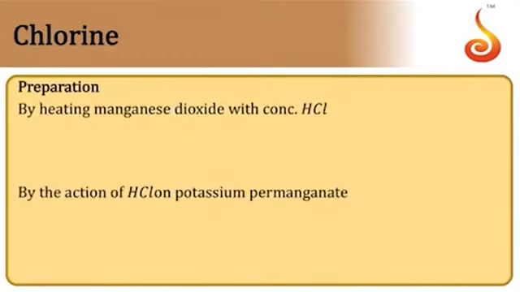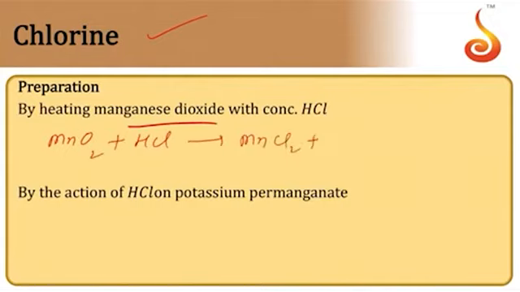Then comes chlorine preparation and properties. First, it is prepared from manganese dioxide. MnO2 with HCl gives rise to MnCl2 plus Cl2 and H2O. So Cl2 can be prepared by the action of HCl on manganese dioxide. One more reaction is the action of HCl on potassium permanganate.